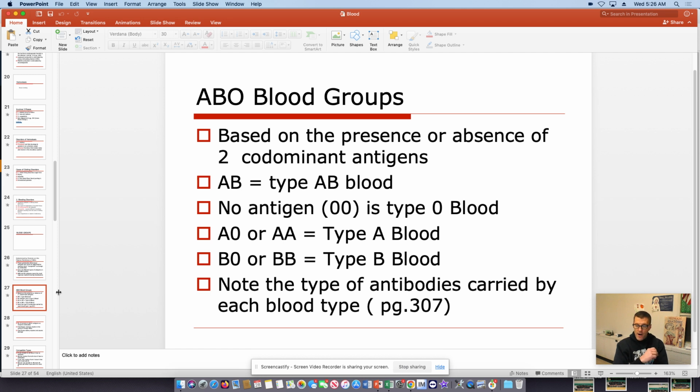If they're both there, they're just both there. Okay? So if you have A and B, you just have A and B. But if you have A and nothing, you just have A. B and nothing gives you type B, or B and B gives you B.